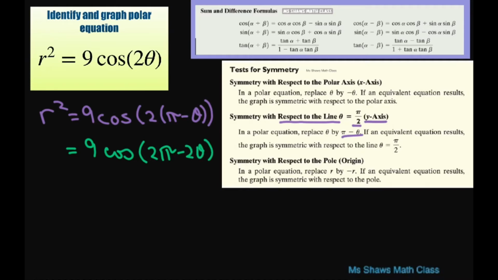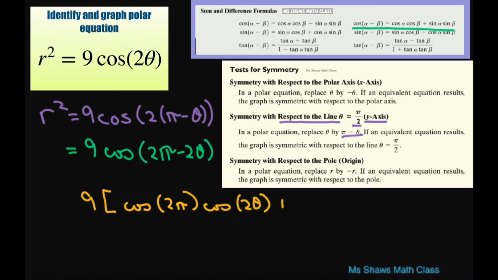Now, using your difference formula for cosine, let's expand that and simplify. So we're going to get 9 times cosine of 2 pi times cosine of 2 theta plus sine of 2 pi times sine of 2 theta.